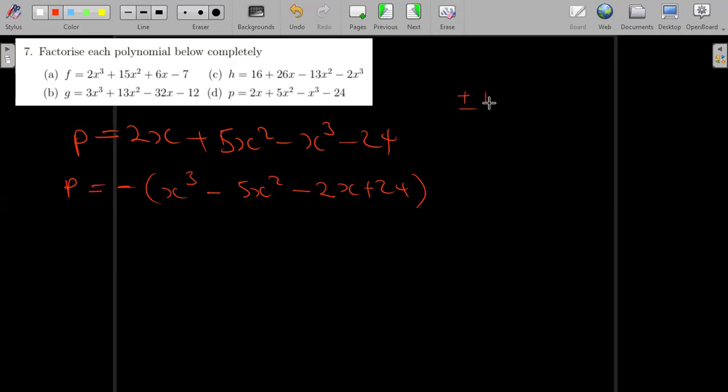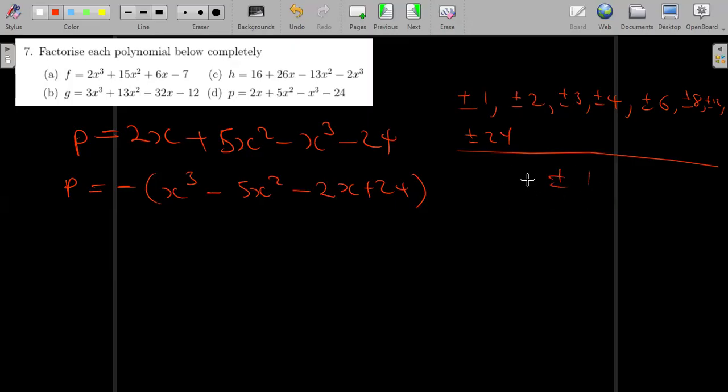So that's plus minus 1, plus minus 2, plus minus 3, plus minus 4, plus minus 6, plus minus 8 and plus minus 12, also plus minus 24. And all this is divided, of course, by plus minus 1. When you divide, you still get these factors on top. And you just have to check. You start picking those out, and you see which one is going to give you a root.